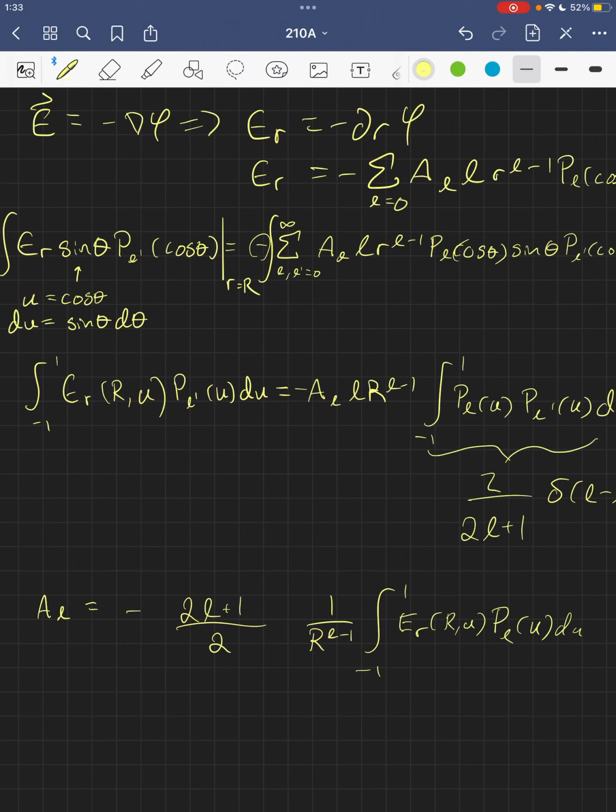Okay. Now again, we said earlier, J r is equal to conductivity times E r. So we can also solve for E r here at the surface. This is evaluated at the surface, and this is important because we're going to be able to plug it into that integral. But how we do this is we say J r over conductivity sigma.